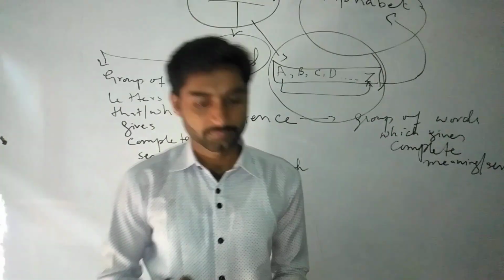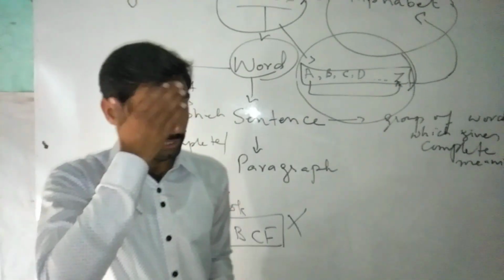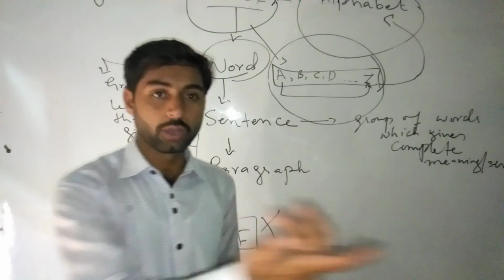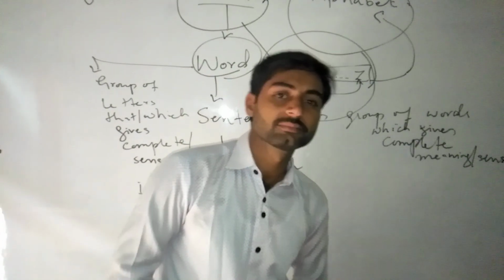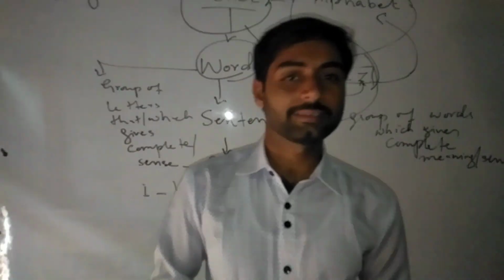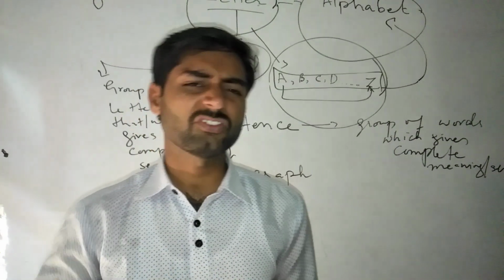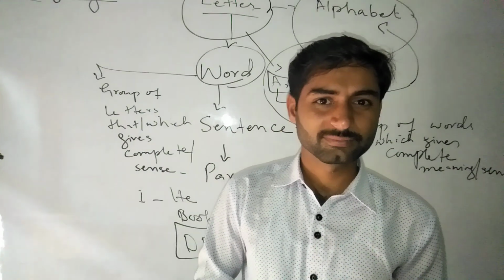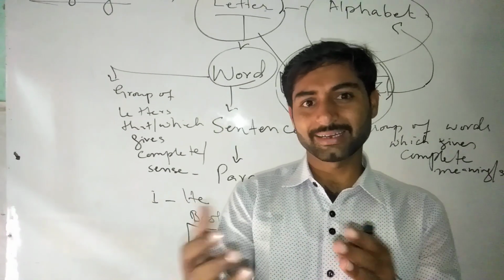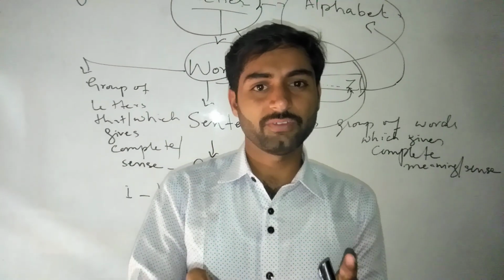Let me clear this. I'm a boy. This is a sentence. They are coming to us. This is a sentence. What are you doing? This is a sentence. I'm staying at home. This is a sentence. So sentences are groups of words.